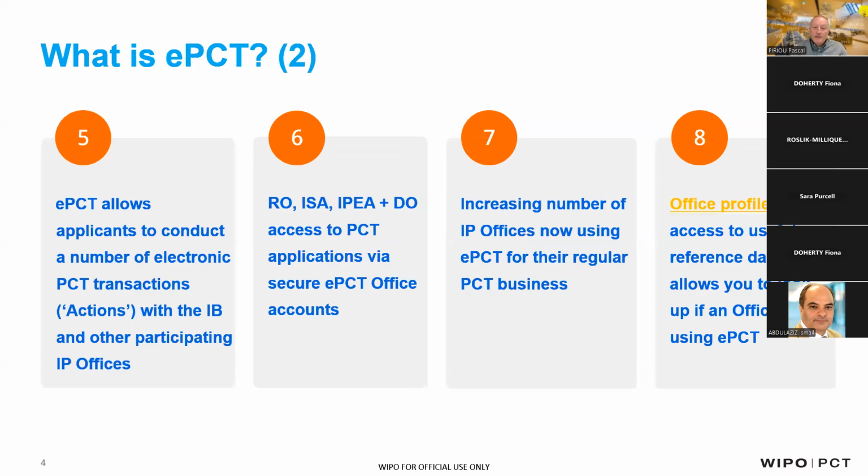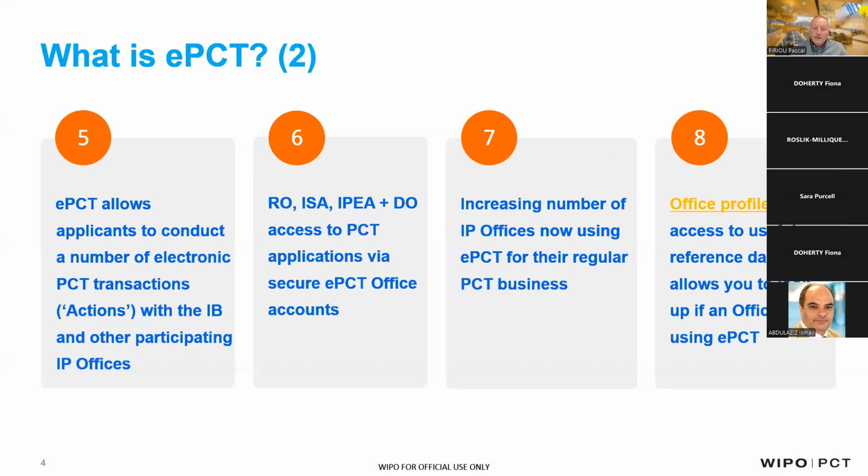ePCT allows applicants to conduct a number of electronic transactions that we call actions with the IB, but also with other IP services. Receiving offices, ISAs, IPEAs, and designated offices can also access PCT applications via secure online access. And ROGB, for your information, is now using ePCT for offices in order to process new international applications.